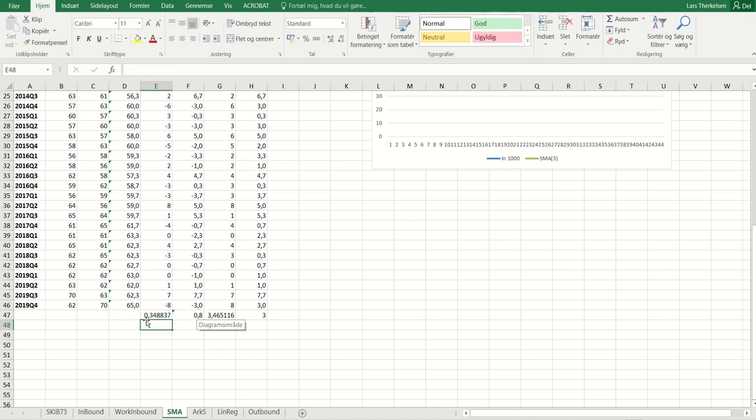So if we just take the sum of the changes, some are positive, some are negative, this is definitely better for moving average 1. But if we say that an error is an error, no matter if it's too much or too little, we see that it's better for moving average 3.